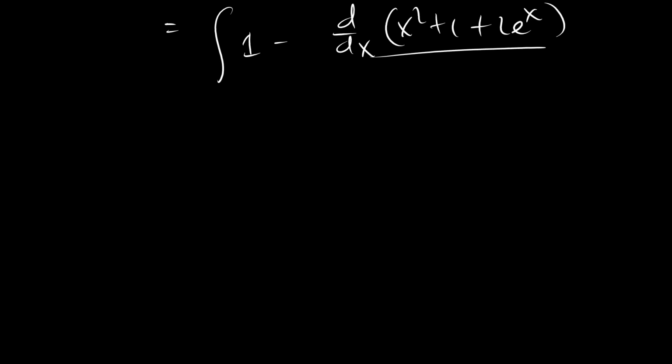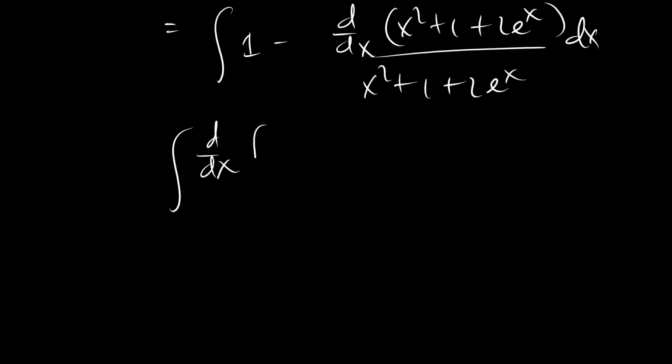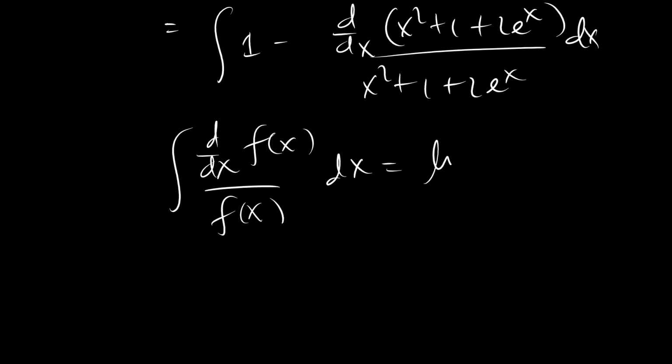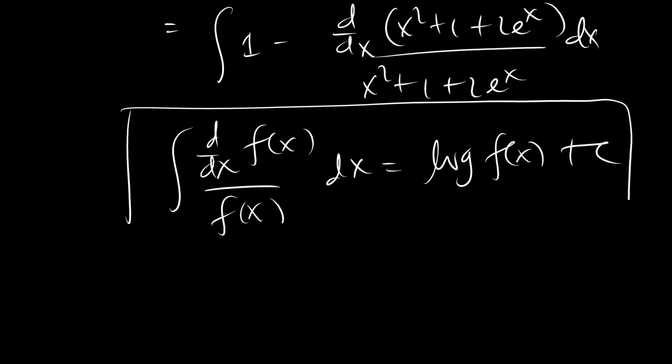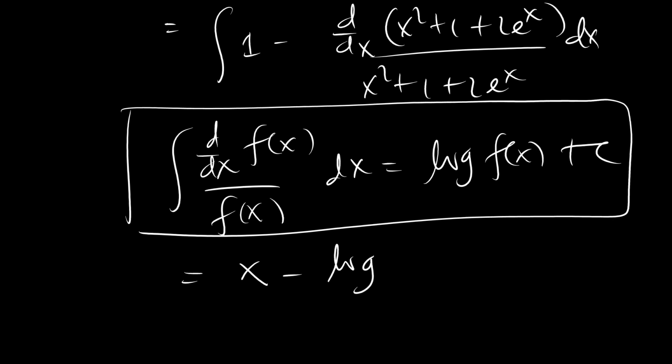Since our problem has now become the derivative of x squared plus 1 plus 2e^x over x squared plus 1 plus 2e^x, and we know that if you have the derivative of a function f(x) over f(x) integrated, that's the same as the logarithm of f(x) plus c, the integral becomes x minus the natural logarithm of x squared plus 1 plus 2e to the x plus c.